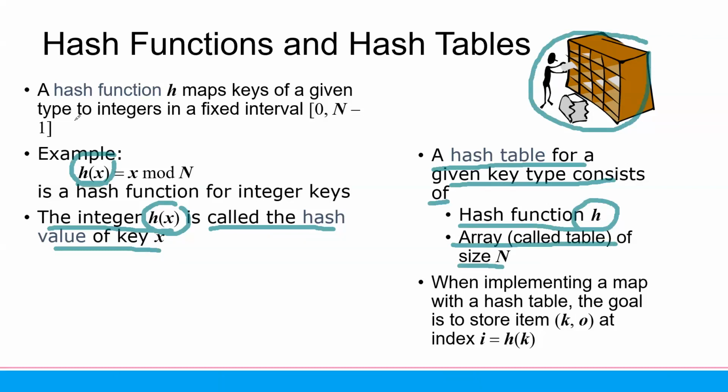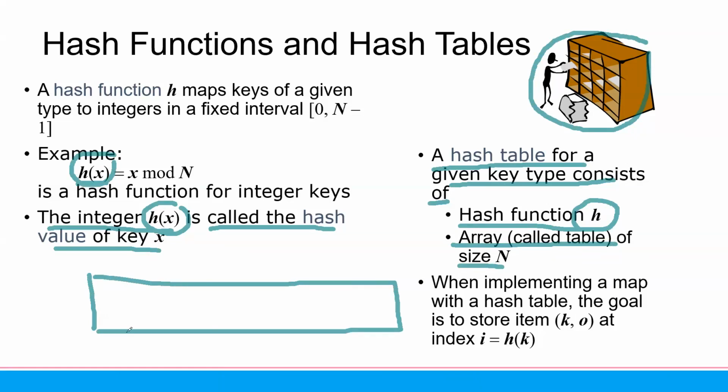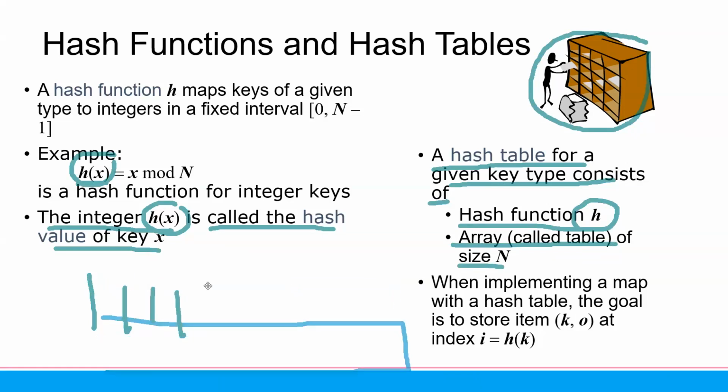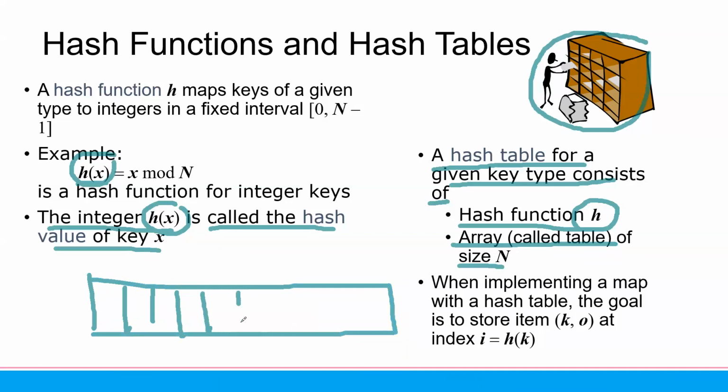So when we have the social security number, if we have until 10, then I have size 10, so it will be 0, 1, 2, 3, 4, 5, 6, 7, 8, 9.